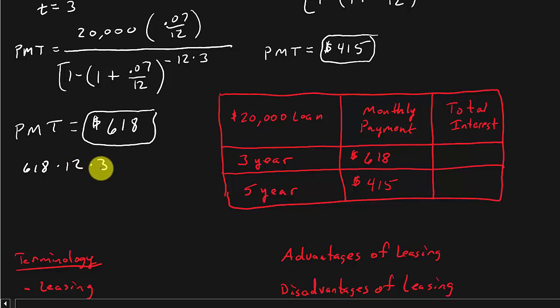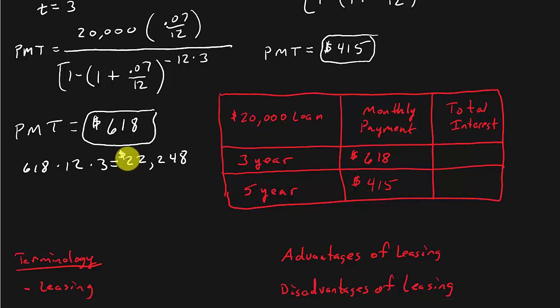That is 618 times 12 times 3, which is $22,248. That's the total amount of money that we paid over 3 years.